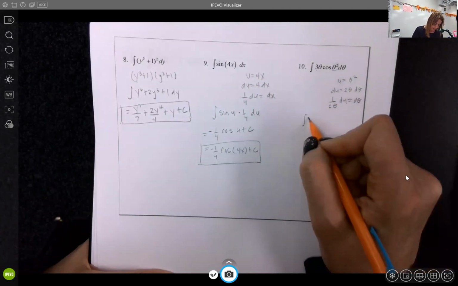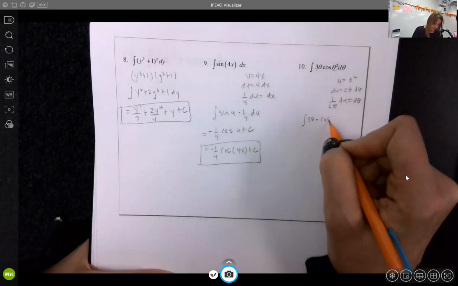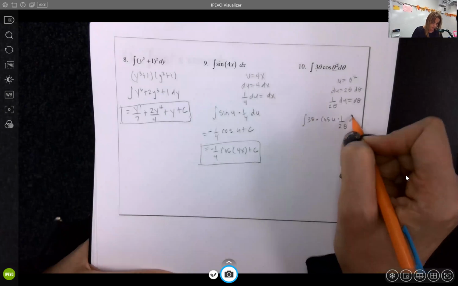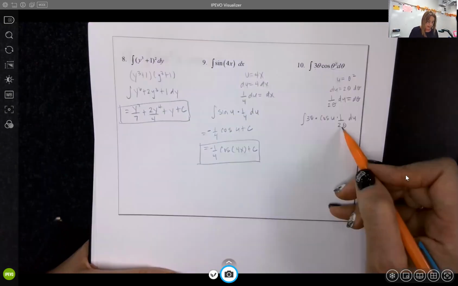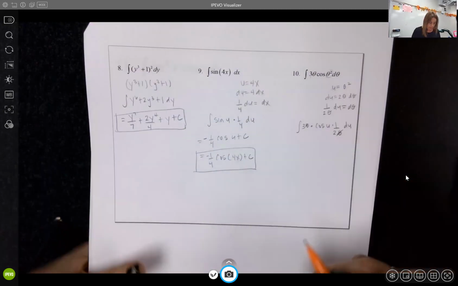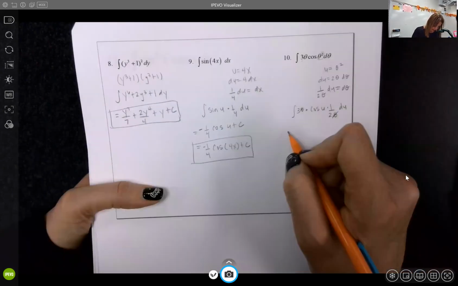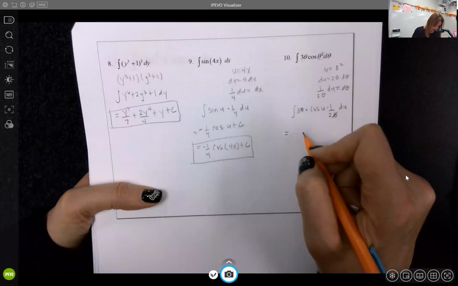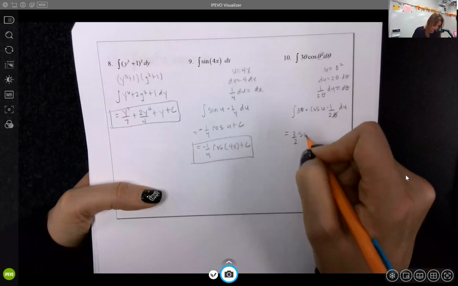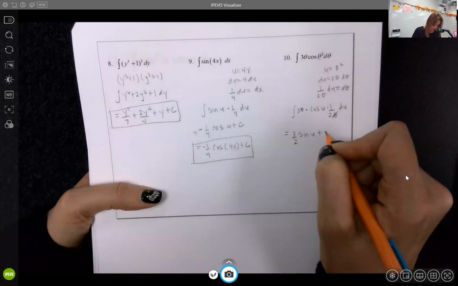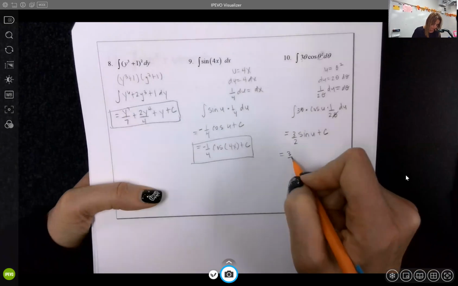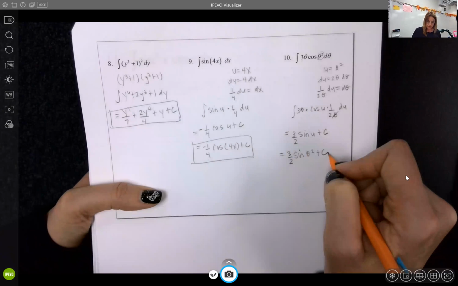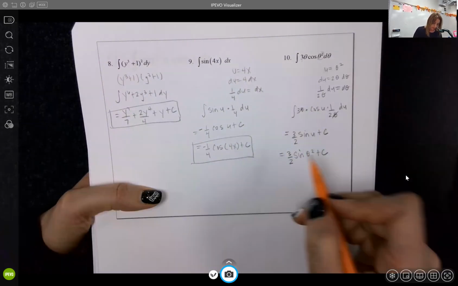The integral of 3 theta times the cosine of u times 1 over 2 theta du. So notice my theta is going to cancel out, but that 3/2 is not going to. So the integral of a cosine is a positive sine, and then u is theta squared plus c.